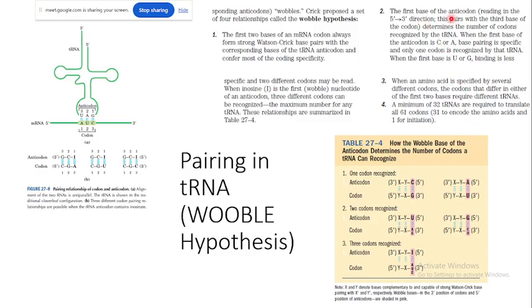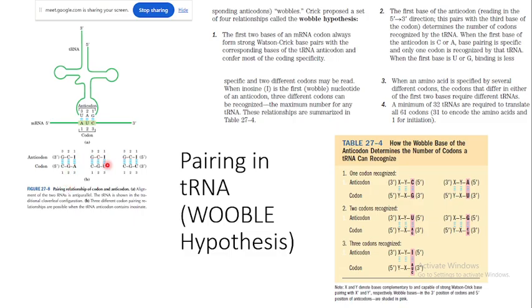So the first base of the anticodon, which is the wobble, pairs with the third base of the codon, right here. So the third base is A, and the first base of the anticodon is inosine. When the first base of the anticodon is C or G, the base pairing is specific, so this is G-C base pairing.